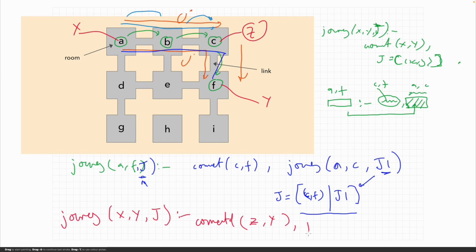And then there's a journey from X to Z, J1, and J equals J1 with which one added to it? C to F. So that's Z to Y. That to that. Phew! So we got there in the end.